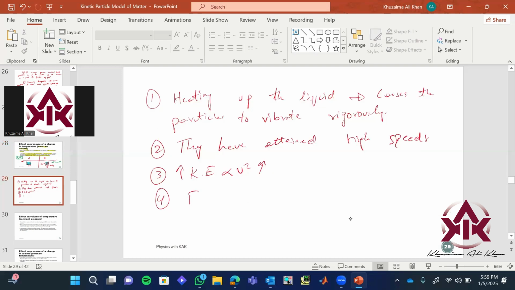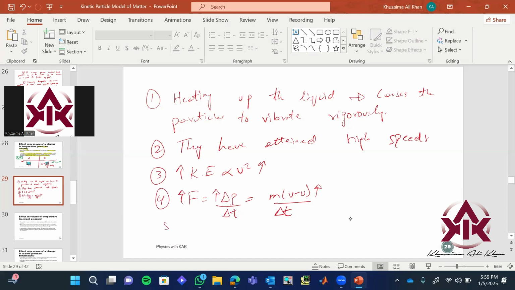Since we know that force is the rate of change of momentum, and what is rate of change of momentum? That is m(v minus u) divided by t. Since the speeds have increased, the numerator has increased. Since change in momentum is proportional to force, so does your force increase.